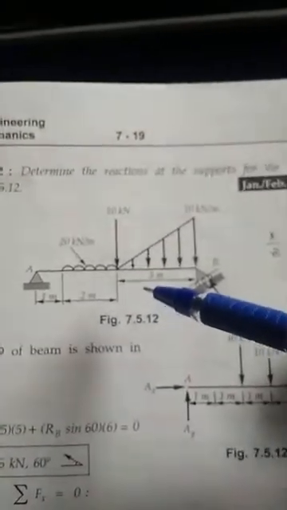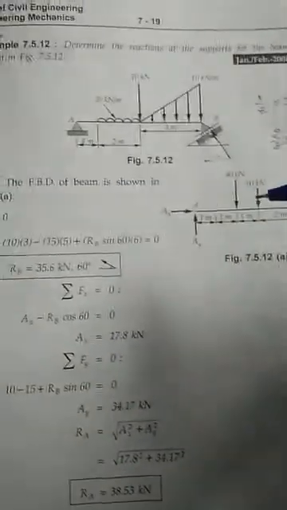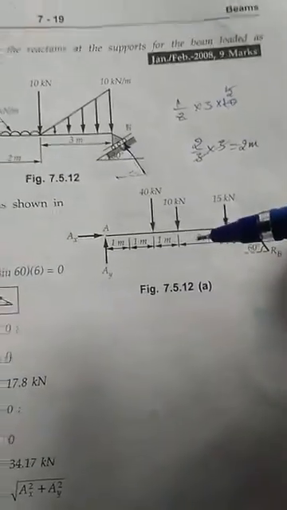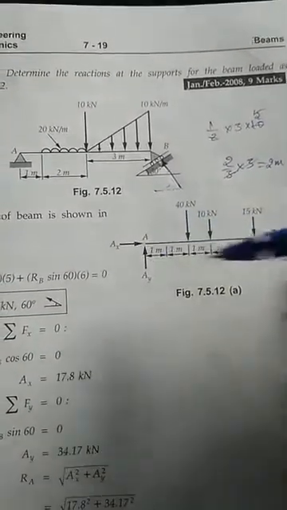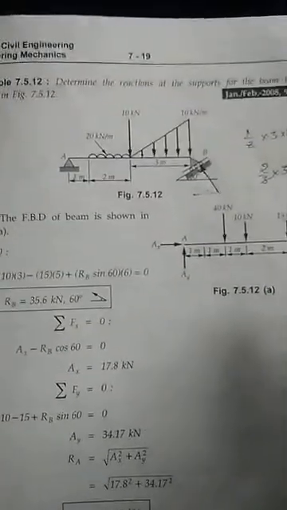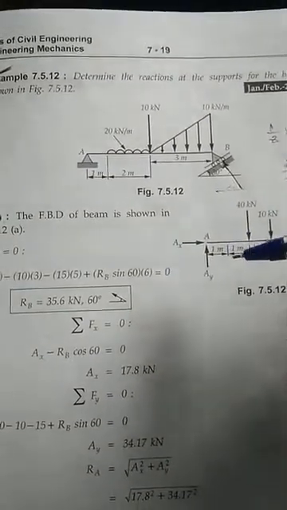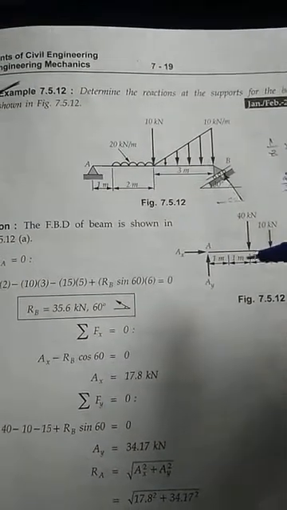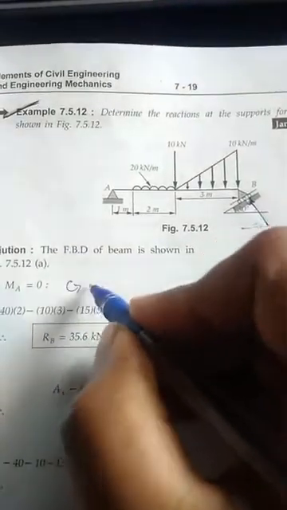So the given beam section has been converted into a free body diagram like this. Now you go for the calculation part. You need to find the reaction at A, so RA will be Ax and Ay, and RB, which is inclined at 60 degrees. So you take moments at A, one by one. 40 into 2, it is rotating, and you take the anti-clockwise direction as positive.